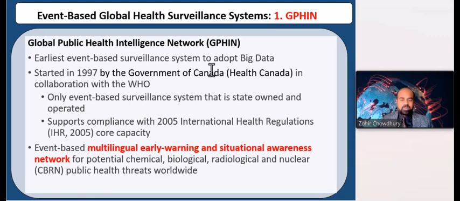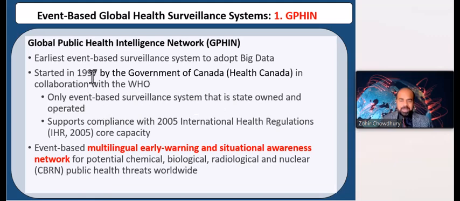Most notably, GPHIN was able to identify the 2002-2003 outbreak of severe acute respiratory syndrome, known as SARS, well in advance of official reporting. This really highlighted the usefulness of event-based systems, how they operate to detect things sooner than the more traditional approach. On an ongoing basis, GPHIN also provides a large fraction of initial outbreak reports directly to the WHO for investigation.